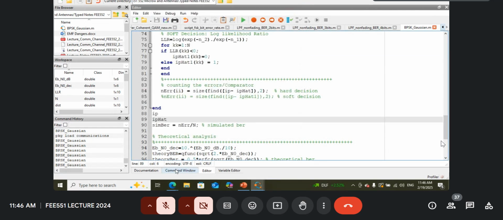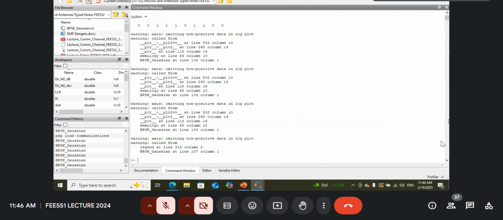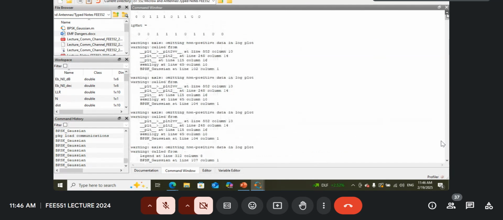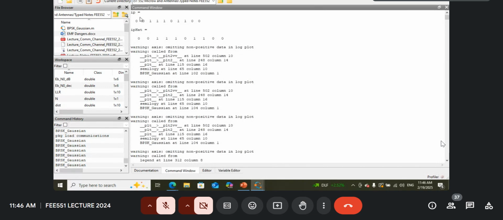Just 10 of them. So we look at the command window. You see, the input was 00111 01100, and our output is 00111 01100. So there's no error. That one we have computed without error.